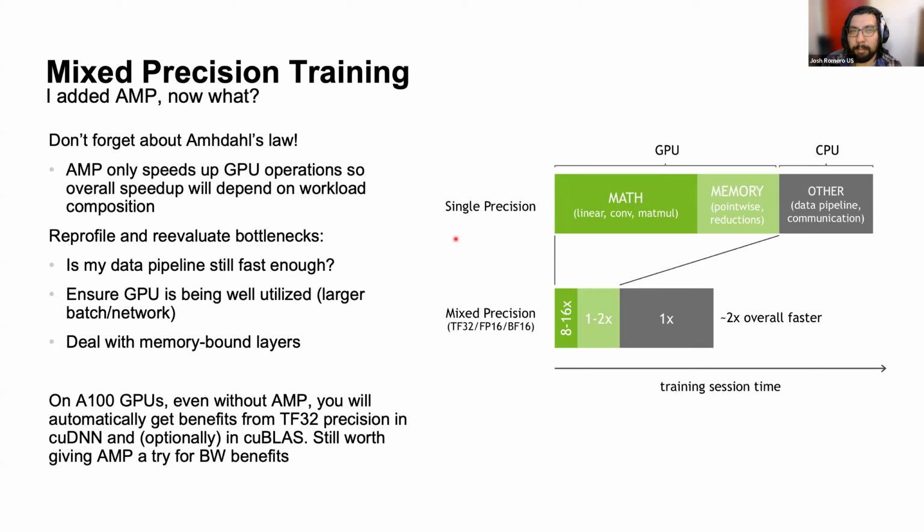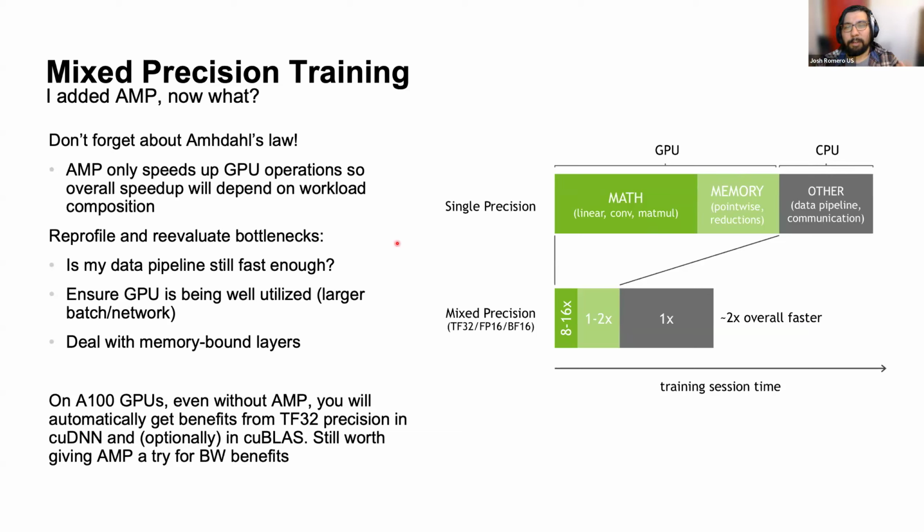So your overall speedup will still depend on the total composition of your workload. If you have math and bandwidth bound operations on the GPU, but you still have some data pipeline operations, or in a multi-GPU setting, communication between GPUs, or communication that might happen on CPU for some reason, that's not going to get sped up by AMP.